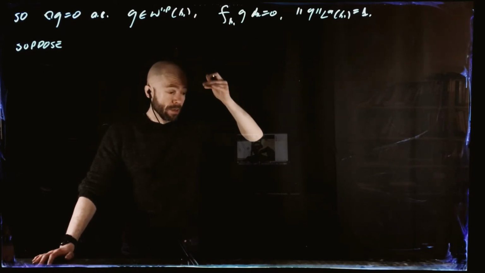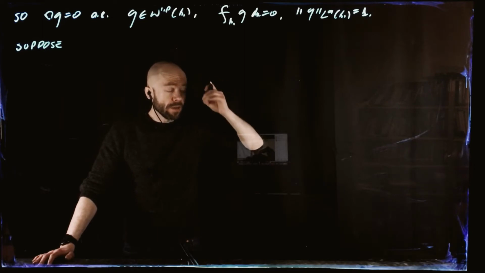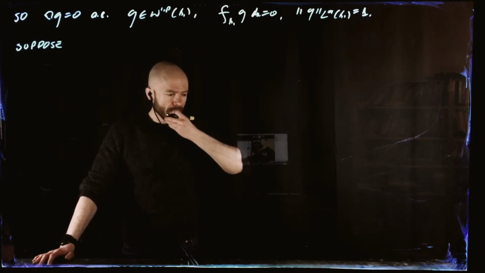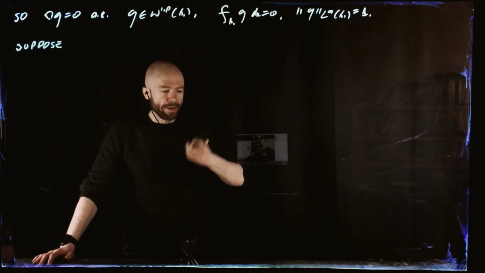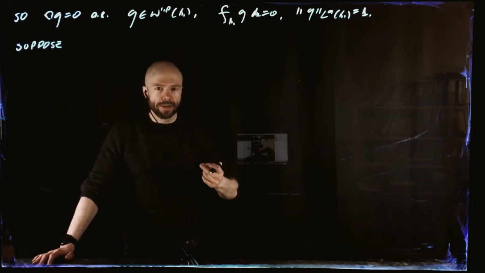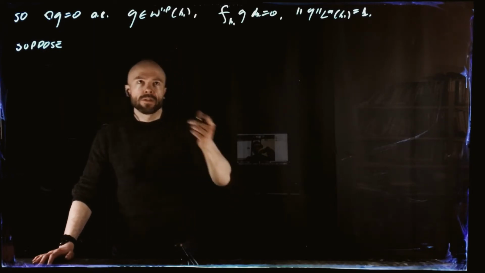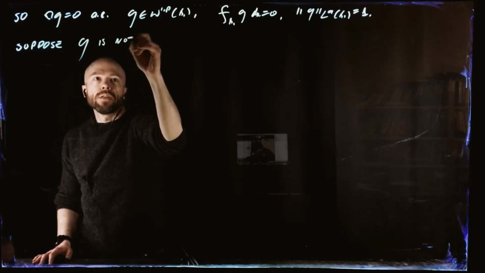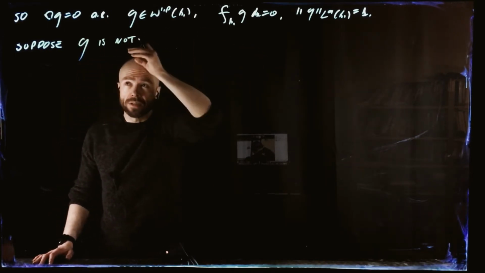So in particular, if g is not a constant almost everywhere, then there exist at least 2 points that we can pick almost everywhere for which we have different values. Yeah? Suppose g is not constant, and if it is a constant, its zero average has to be equal to 0.